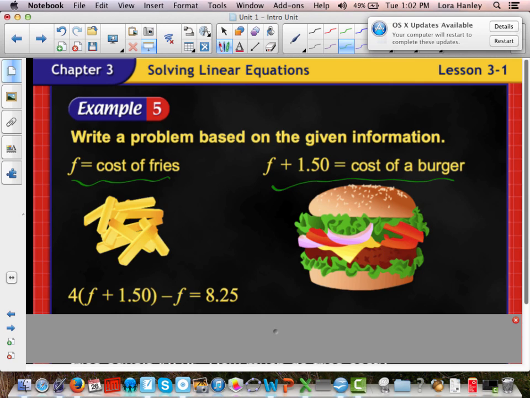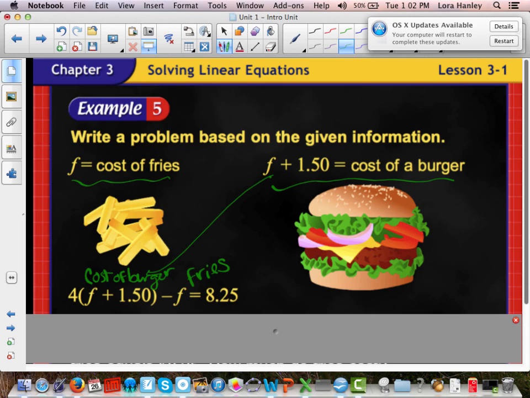Well, let's just think about what this represents. Here we have 4 times F plus 150 in parentheses. So that is talking about the cost of the burger. Here they're taking away F, so we have taken away the fries, and that's equal to 825.